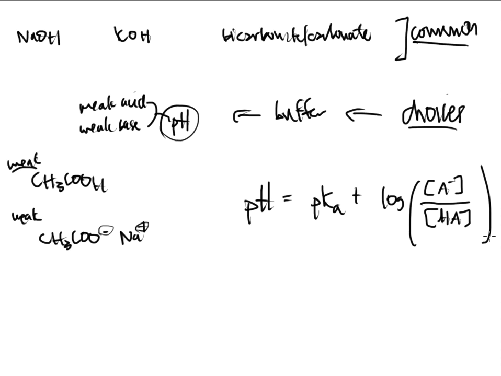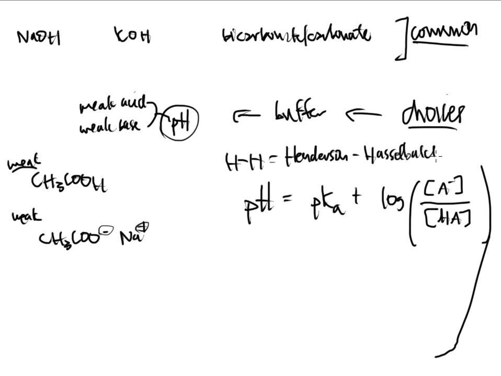We talked about how to make solutions, how to prepare them, and buffers were one of these. And we used these types of equations during that time. And we call this the HH equation. And the HH equation stands for Henderson-Hasselbalch. That's B-A-L-C-H.